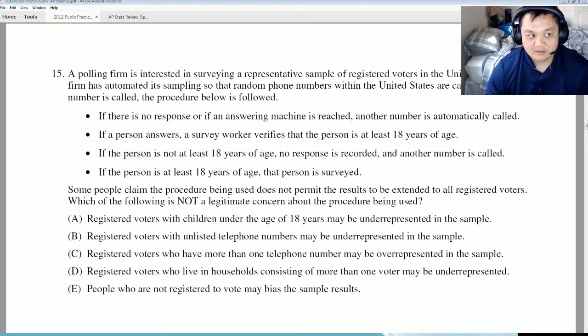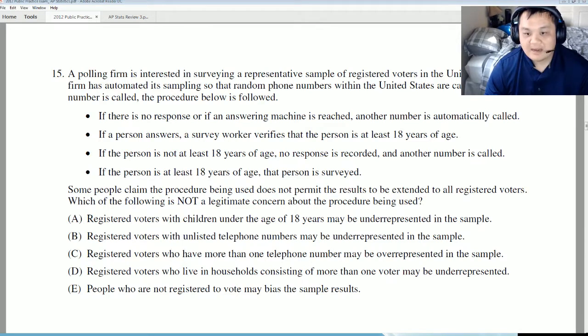There are people who can vote, who are registered voters, that have unlisted phone numbers, or people that don't have phones. That's why B is the answer. But wait, so B is the answer? Correct. Because the population you are trying to measure is the registered voters, correct?